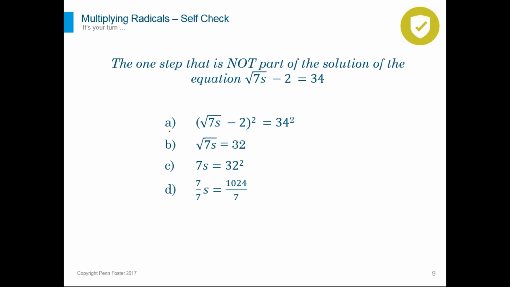Which step from A, B, C, and D do you think is not part of the solution, the wrong step to do when you're solving this equation? I'm going to leave the screen for about 30 to 40 seconds, and then I'm going to switch my screen to give you the same question, but with the ability to input your answers. So you can work on the question, and then I'll change my screen in a little while.